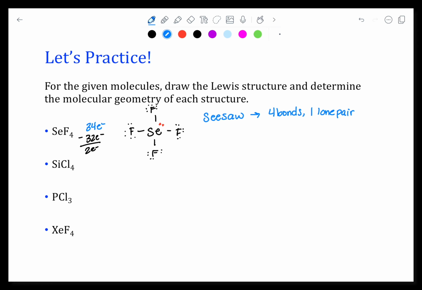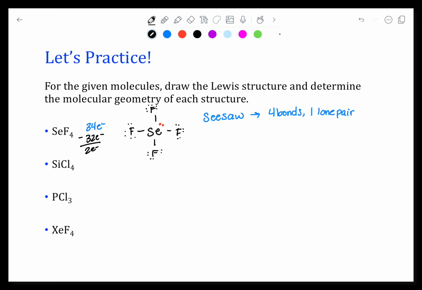Okay, this is why following our Lewis structure rules is very important, because our formula doesn't tell us anything about lone pairs. So if we just go off of our formula and say there's 4 fluorines coming off of that, therefore it's tetrahedral, then that is not correct.